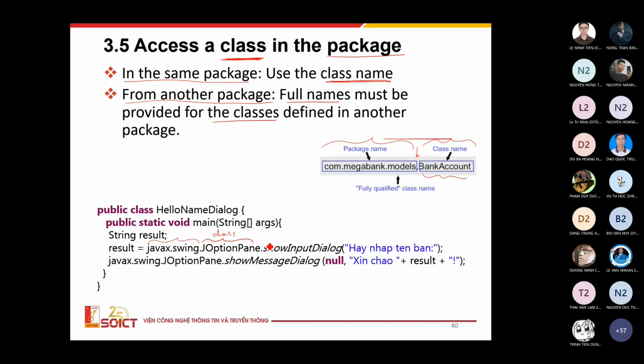Okay, and you want to access the method showInputDialog of this class. So if you want to access this method, you have to provide the full class name before the name of the method, and this is the input parameter. Okay.